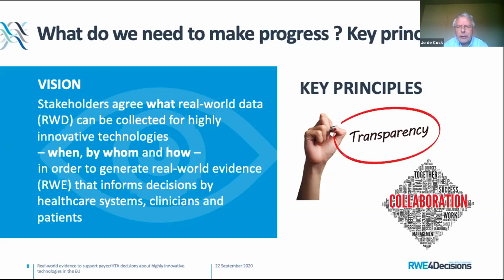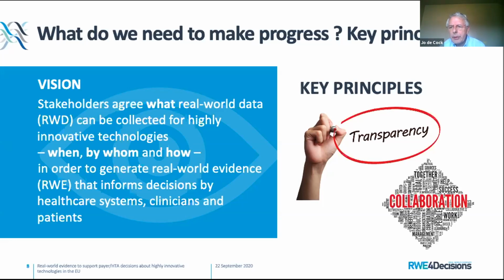Another one is that collaboration needs iterative dialogues, which involve all the stakeholders throughout the life cycle of a technology to discuss the evidence generation plans and clarify the potential of real-world evidence to resolve these decision uncertainties, which we have pointed out. And of course, each stakeholder has to take responsibility for aspects he can influence.